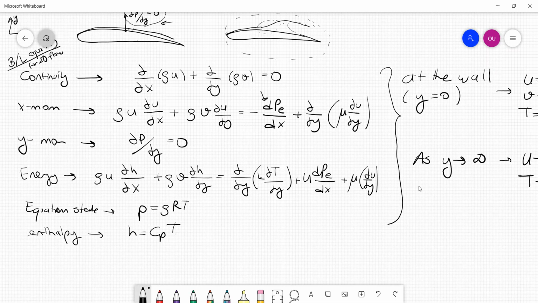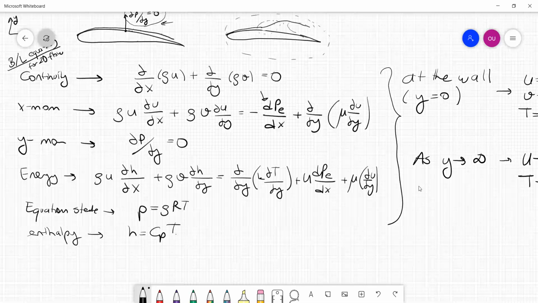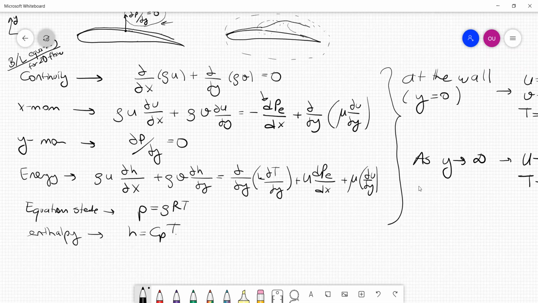The question is, how do we actually solve them? We will start seeing examples of this. The concept of the boundary layer was historically introduced by Ludwig Prandtl, and the first solution of the boundary layer equations was obtained by his student Blasius. So actually this was his thesis work when he was a graduate student, and his advisor was Ludwig Prandtl.